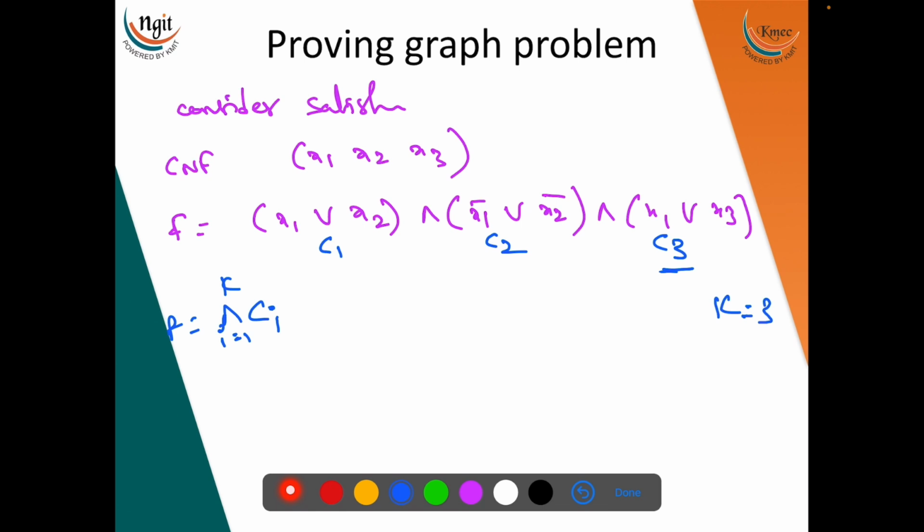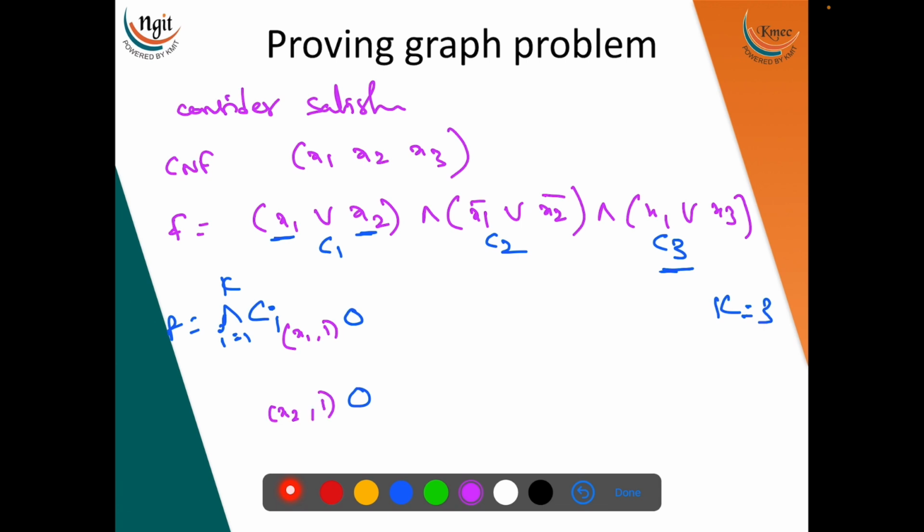Now take these values as vertices. I am taking x1 and x2 as vertices, from the first clause. x1 is from the first clause, x2 is also from the first clause.